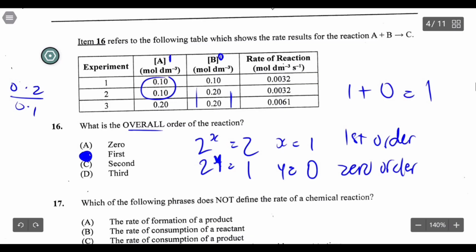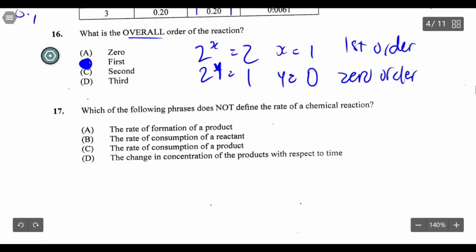Number 17. Which of the following phrases does not define the rate of a chemical reaction? The rate of a chemical reaction speaks to how quickly, or the rate at which, or the speed with which the products are formed, the reactants disappear, or the concentration of both the reactants and products change. So A says the rate of formation of products.